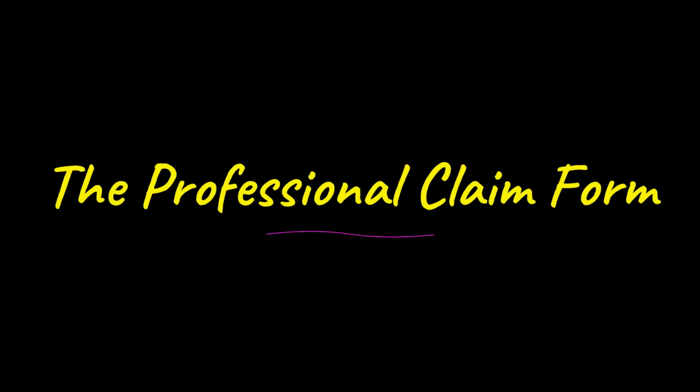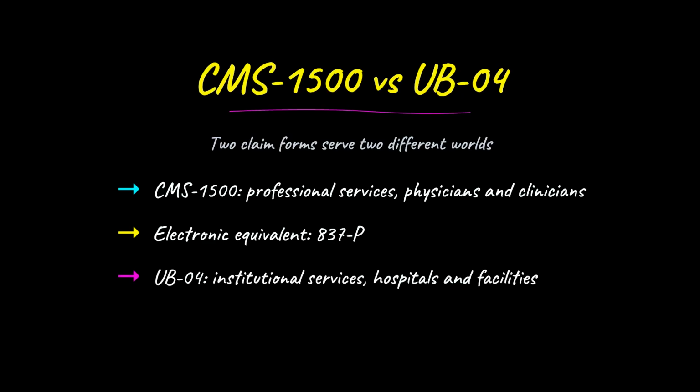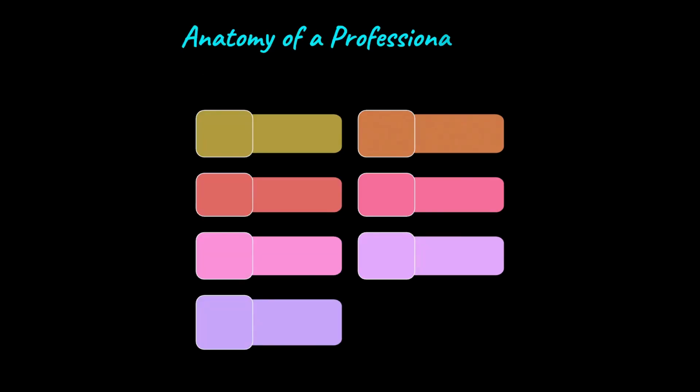Let's zoom out and understand why the CMS 1500 exists and how it fits into the bigger claims picture. Healthcare has two standardized claim forms. The CMS 1500 and its electronic version, the 837P, handle professional services from physicians, nurse practitioners, and therapists. The UB04 and its electronic counterpart handle institutional claims from hospitals, nursing facilities, and hospices.